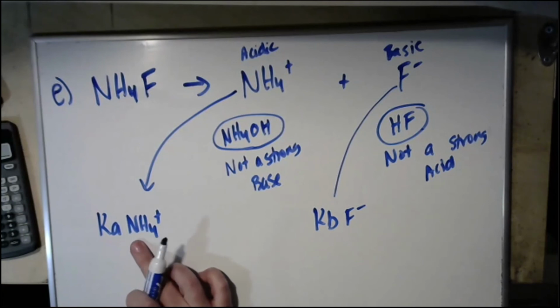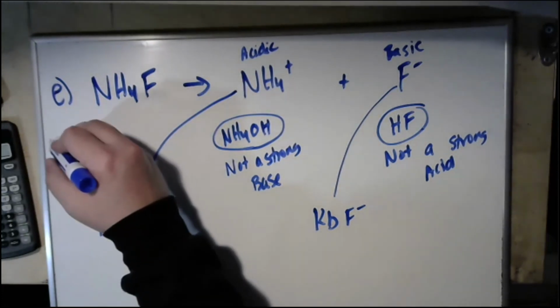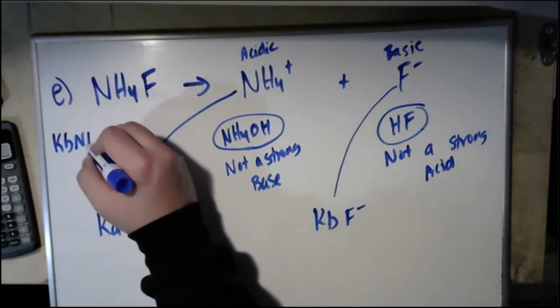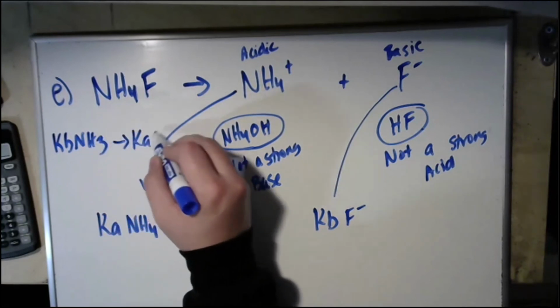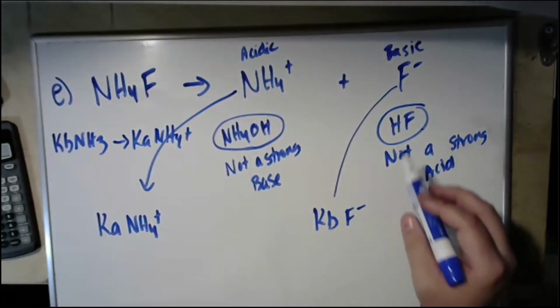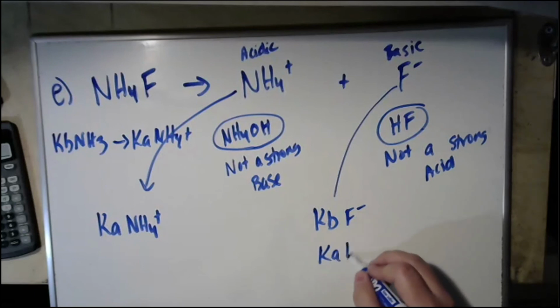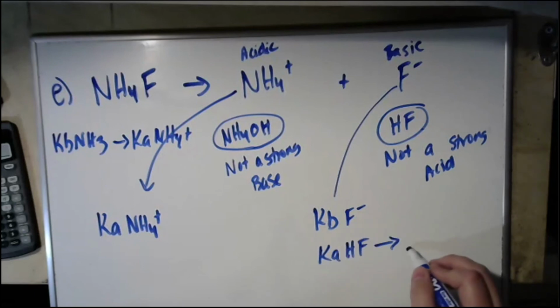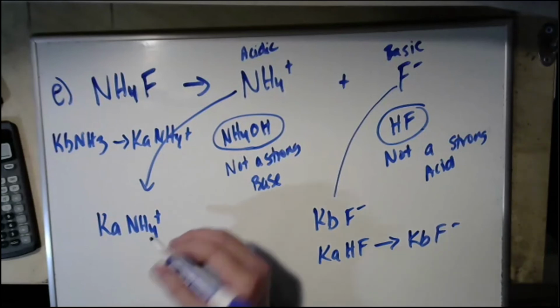You can do the same thing for ammonium if you only had, for example, the Kb of ammonia. You can use that to find the Ka of NH4 plus. But these are in tables for you.